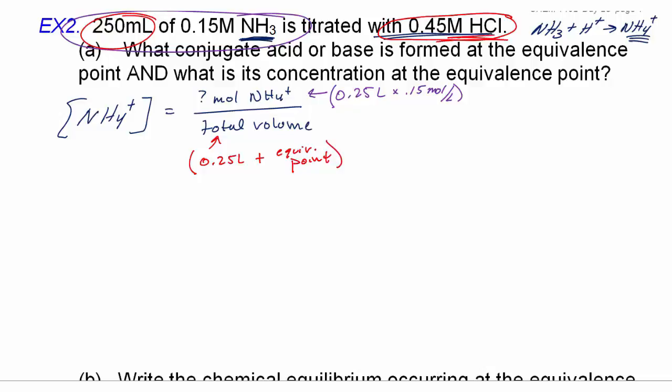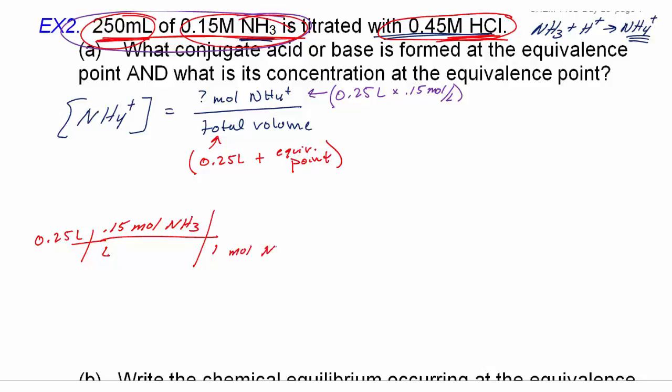So what volume of HCl do we have to add? What's the equivalence point? Start with the amount of ammonia that you had and convert that to volume of HCl. So start with the 250 mL and convert that to liters of HCl. 0.25 liters of this ammonia, and in every liter I have 0.15 moles of ammonia. I'm getting that just from the concentration here. All these reactions are 1-to-1.